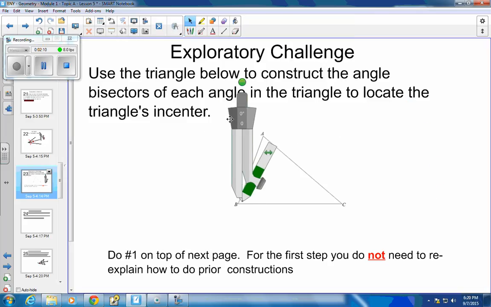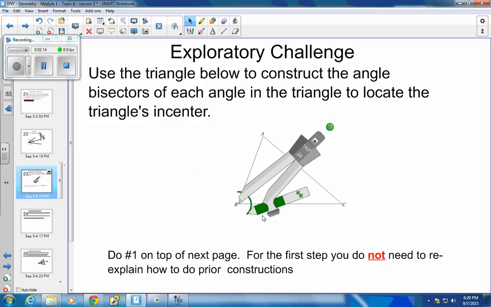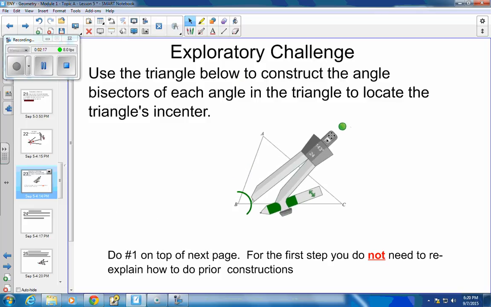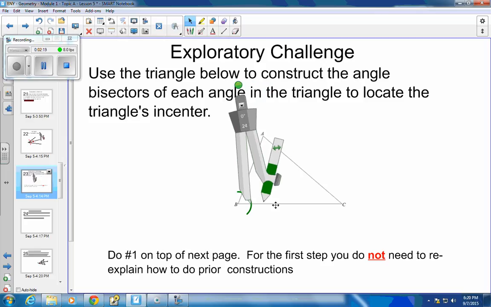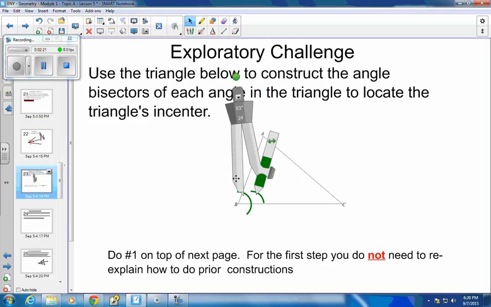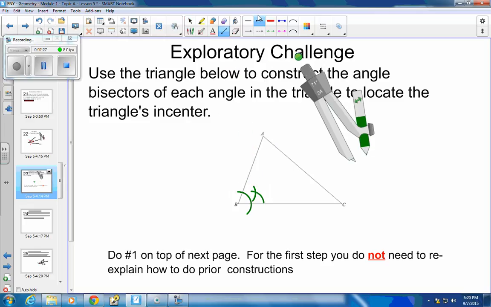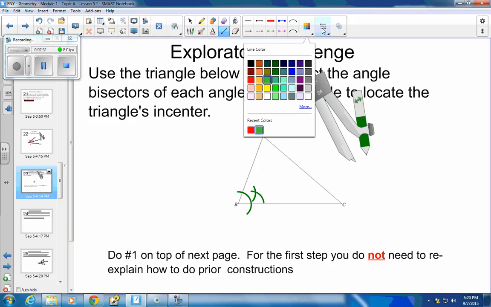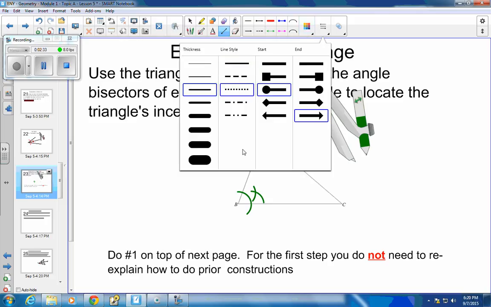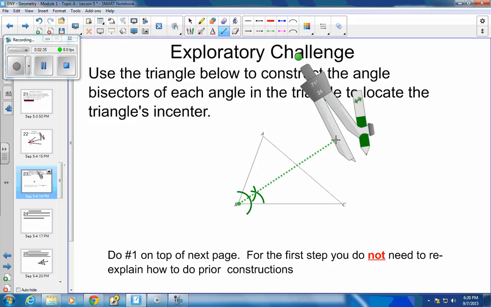I'm going to take and put my compass right here, draw my arc, move it, draw my arc, move it again to my next intersection, and draw my arc. Grab a segment, grab a ray, make it green, I'm going to make it dotted, and I'm going to go through there. So that's my first angle bisector.